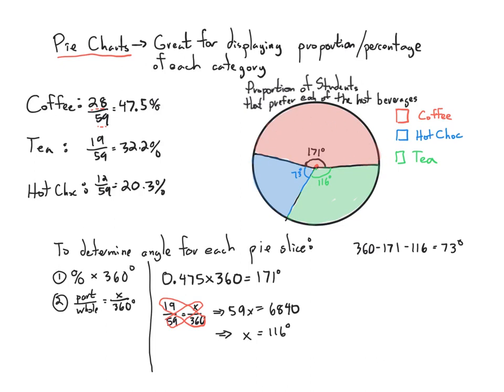But if you remember with the bar graph, it was hard to see proportions. It was hard to see that almost 50% of the students preferred coffee because it was just a bunch of bars next to each other. So if you're looking at displaying proportions, pie charts are a good way to go. If you're looking at displaying actual numbers, if that's important to you, you should look at bar graphs.